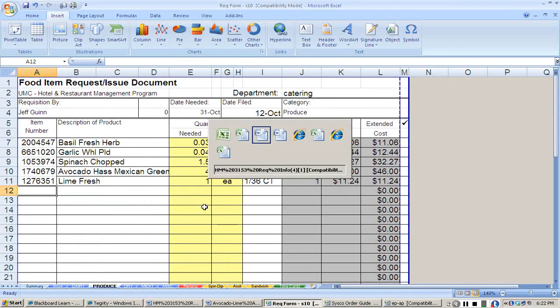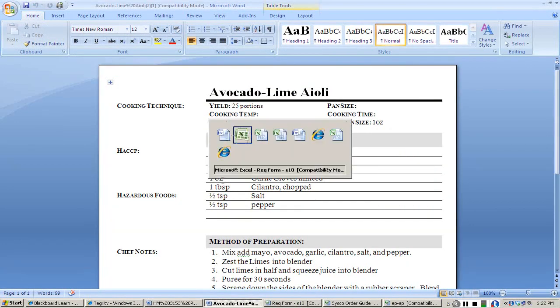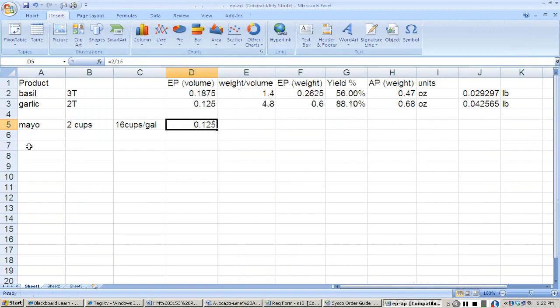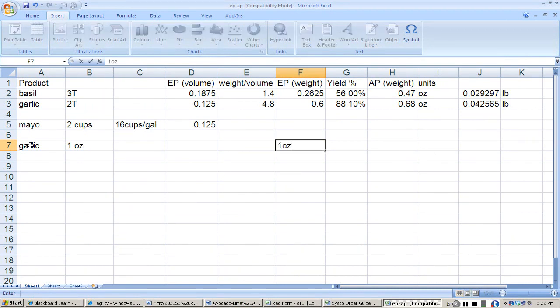Next up on our list is garlic cloves minced. So we need 1 ounce of minced garlic cloves. So we go into our EPAP sheet. Garlic. We have 1 ounce, so the EP weight is 1 ounce.